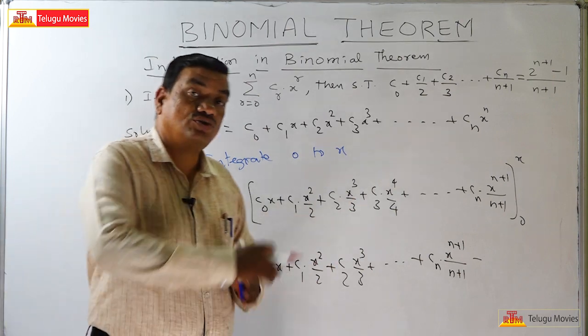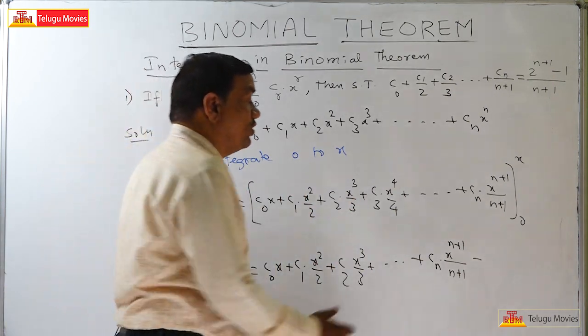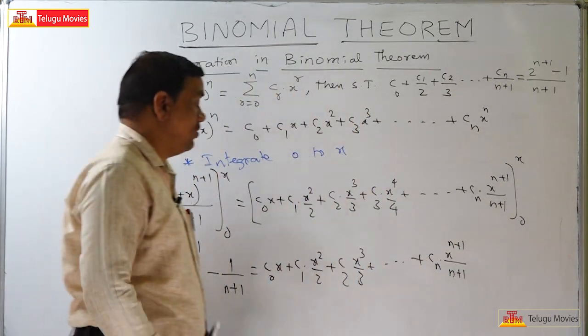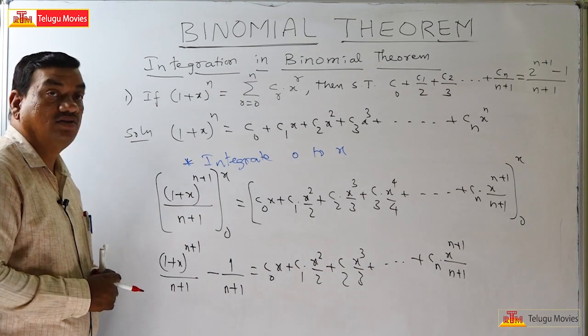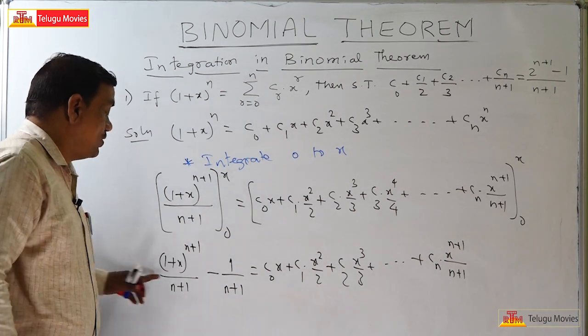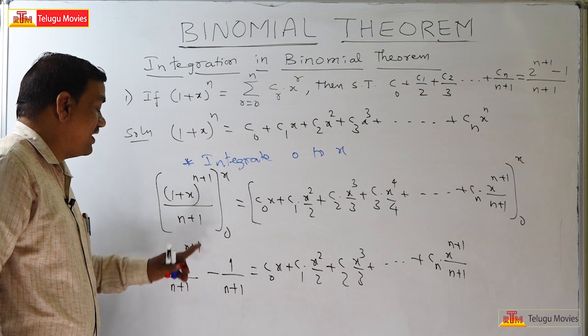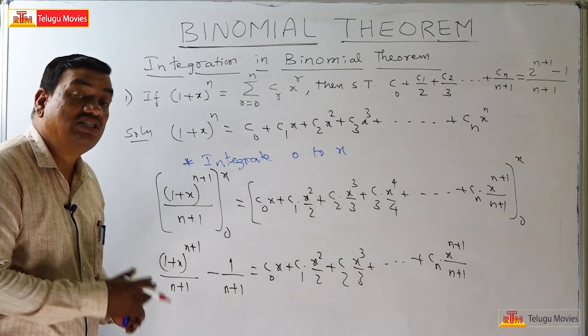So the lower limit total is 0, no need to write it down. Now this is one of the results. Take LCM: (1 plus x) whole power n plus 1 minus 1 by n plus 1. This is one of the results.